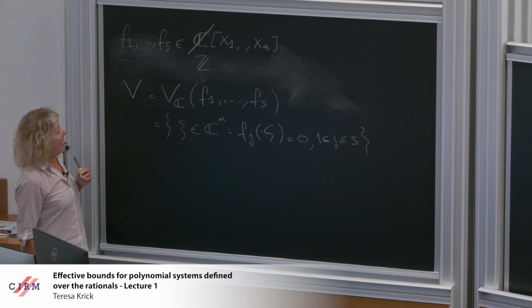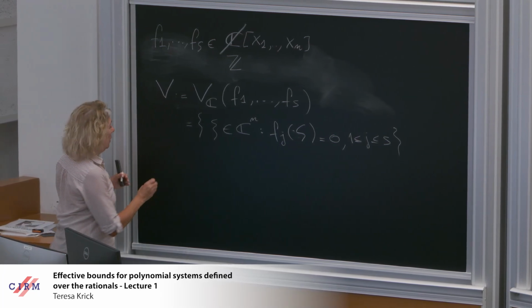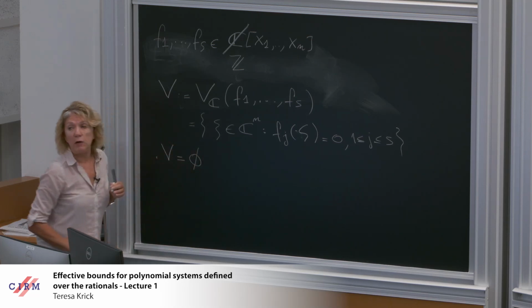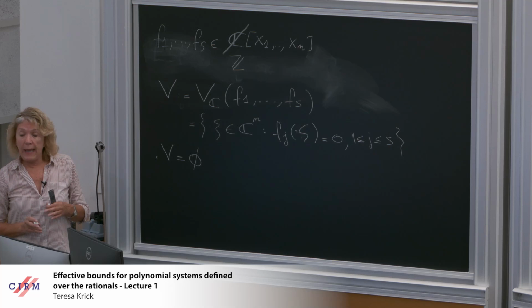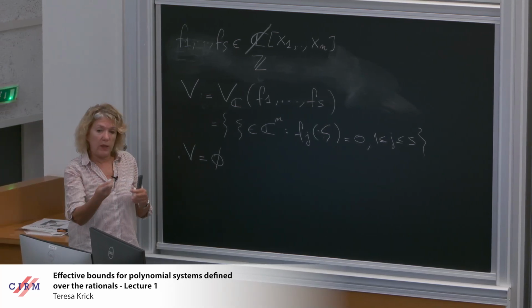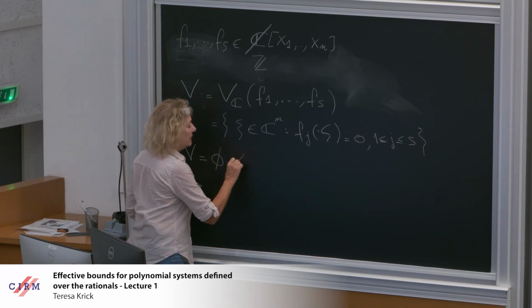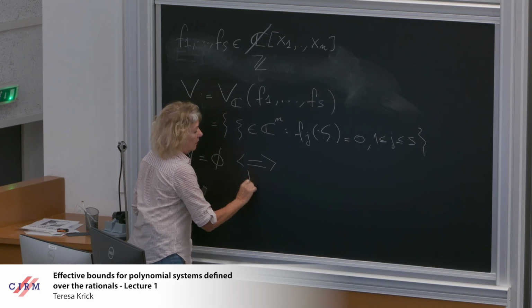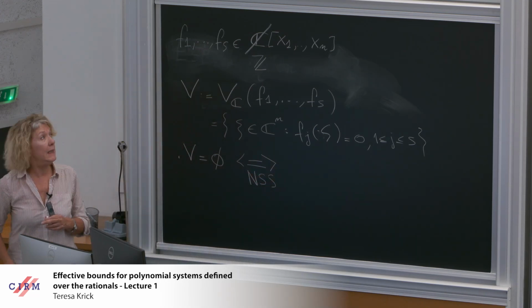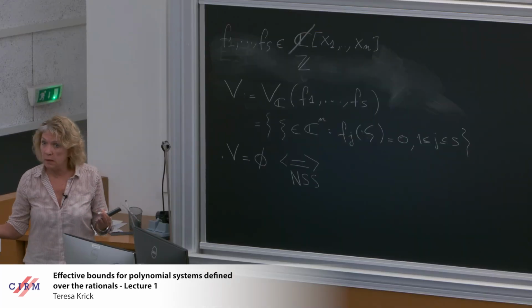And I will only consider the situation when this variety is empty, so there are no common zeros. As I think many of you know, and it will be one of the subjects of this talk, this is, by the Nullstellensatz, equivalent to the fact that the ideal generated by F1, ..., Fs is the whole polynomial ring.